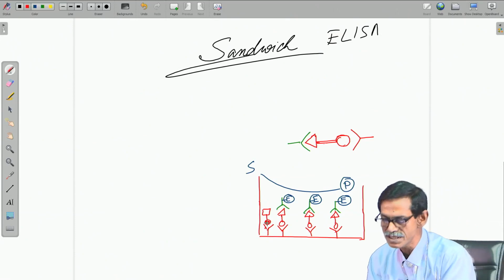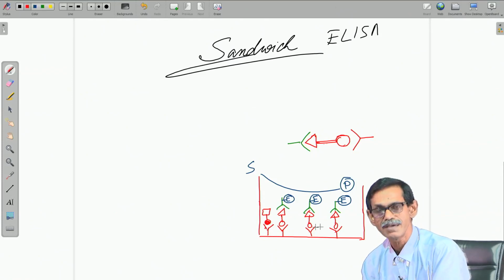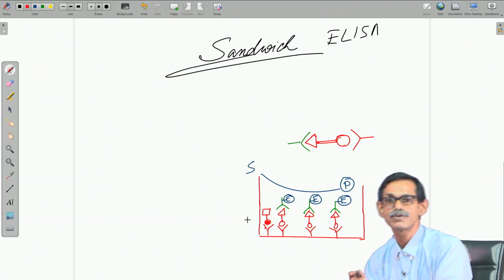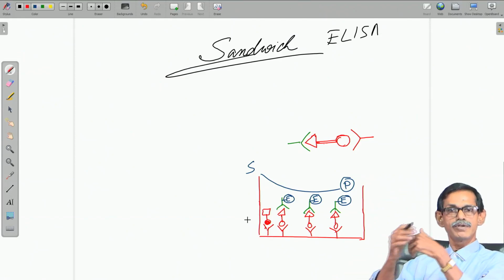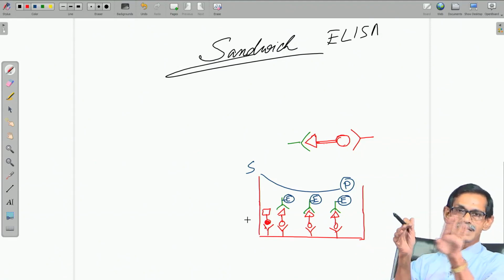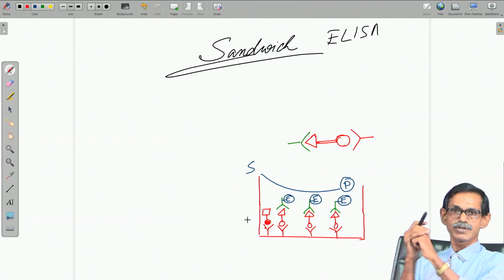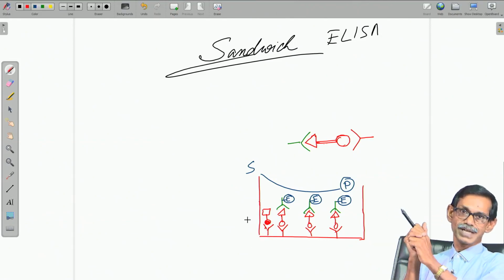Suppose this antibody binds something by mistake, but the other epitope is not triangular but square. The other one will not bind, because the green one will not bind to the square. So even if this happened the first time, the second antibody is not specific to this, so it will not bind. You can eliminate it. If you do the single antibody, all four will be detected, but with the sandwich, one is eliminated, because the second antibody will not recognize the antigen you do not want.